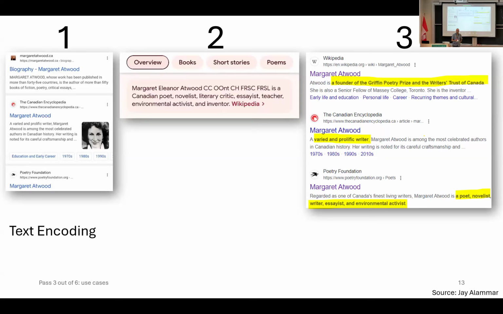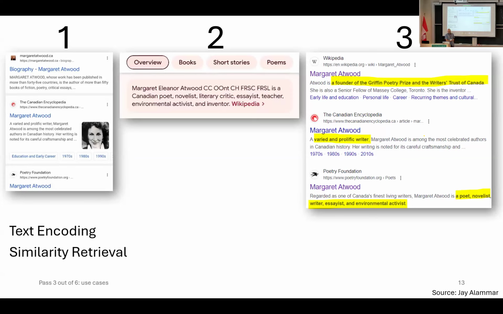We would still get relevant results because the misspelled version of Margaret Atwood has a vector that is very close to the correctly spelled version. So this is maybe one advantage that Google search had 7 years ago, and maybe some of its minor competitors didn't have back then. Or probably text encoding is from some earlier time.